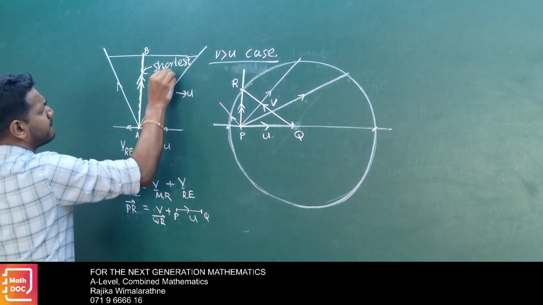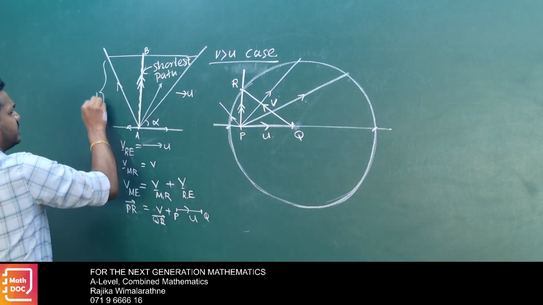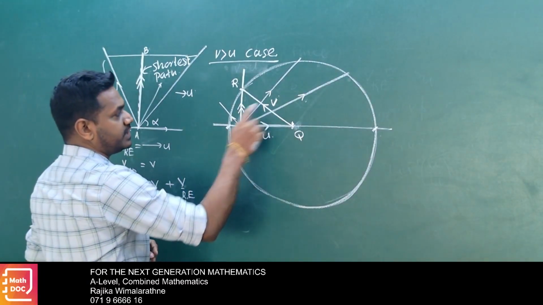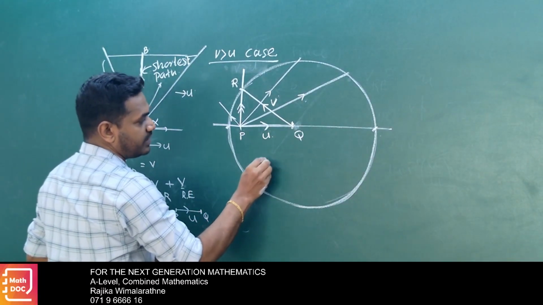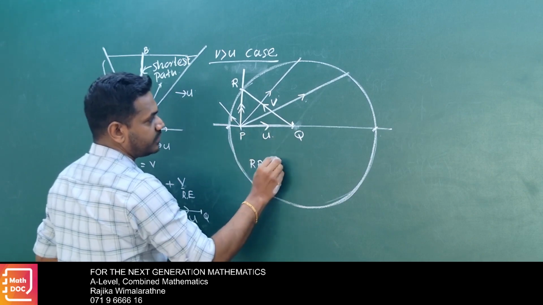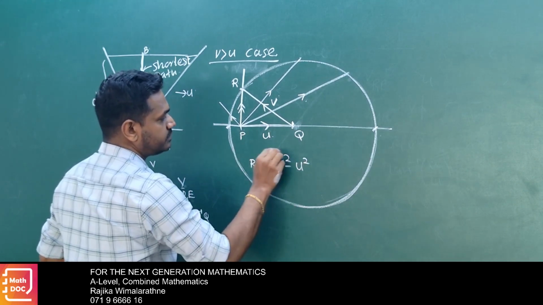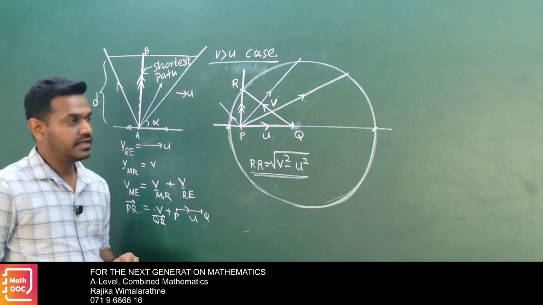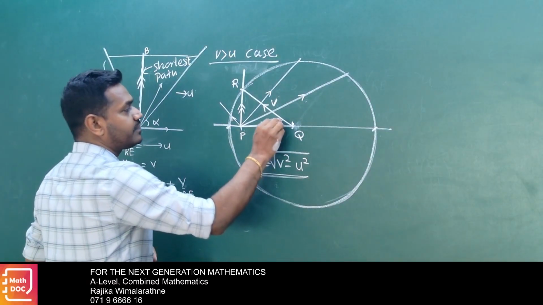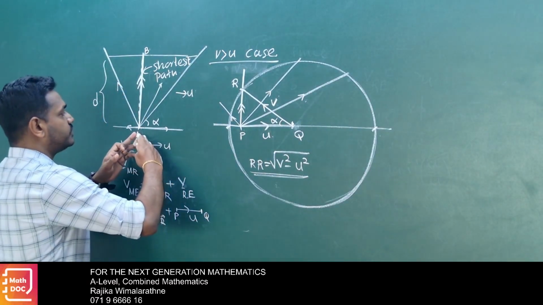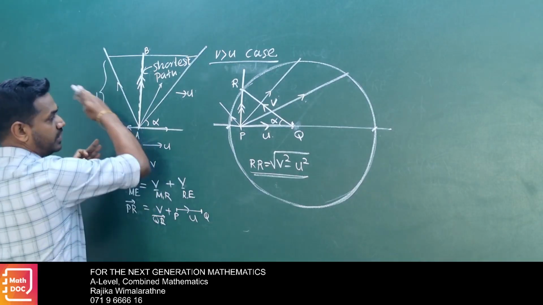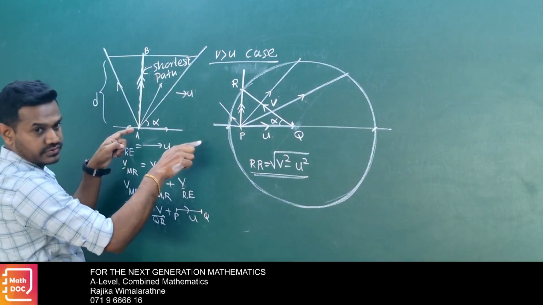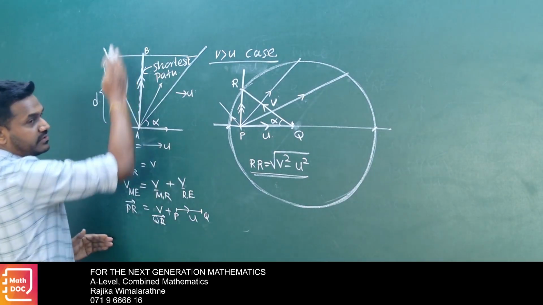Consider the breadth D. Now we know U and V, so you can find PR by the Pythagorean theorem: square root of V square minus U square. Then we have to move with this velocity. Consider this angle alpha. That means he has to swim along this direction, so that with the river velocity U, the resultant becomes perpendicular to the bank.